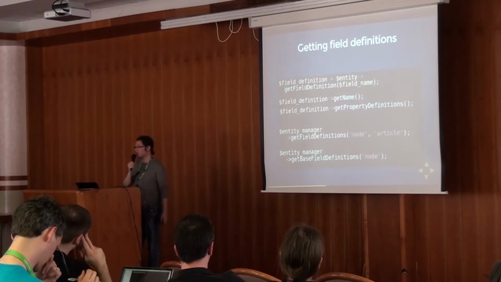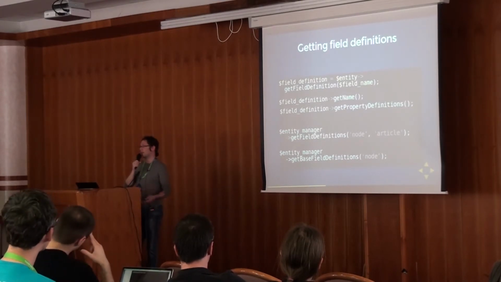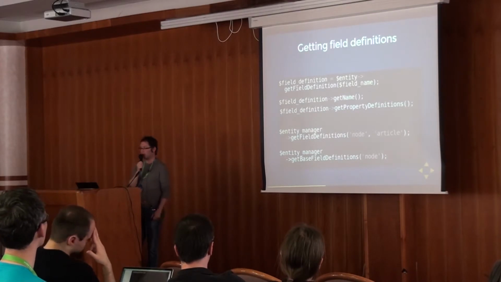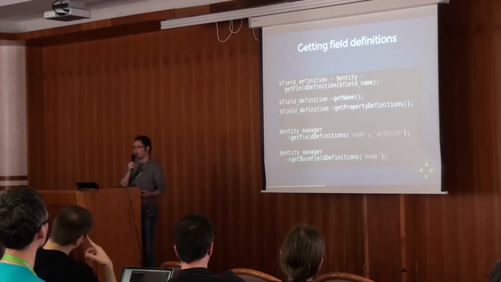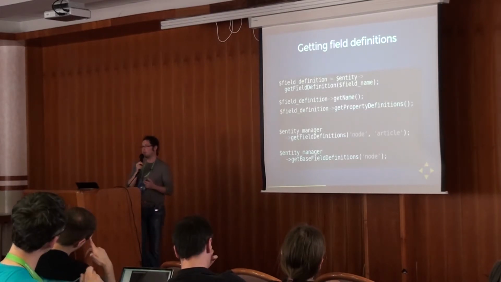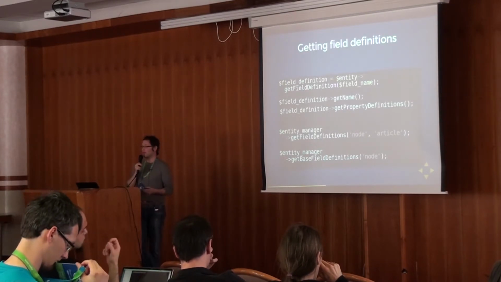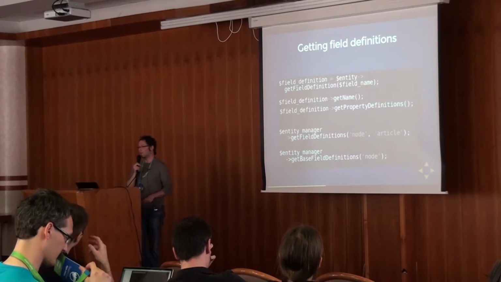Entity manager get base field definitions node will give you all the base fields of the node, like title, status, created date, all that stuff. While calling get field definitions node and article will give you all fields that are on an article node. So it will include the base fields and the bundle specific fields.